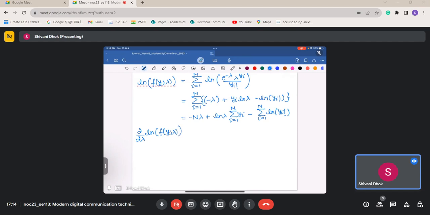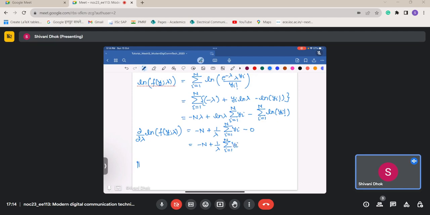The first term will give me minus n. Differentiation of log lambda will be 1 by lambda into the summation i equal to 1 to capital N of yi, minus 0. So this comes out to be minus n plus 1 by lambda summation i equal to 1 to n of yi.